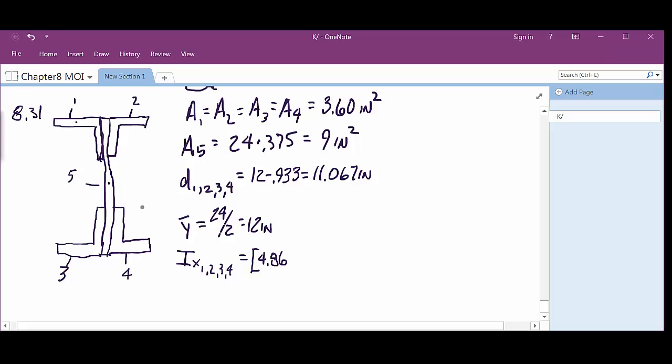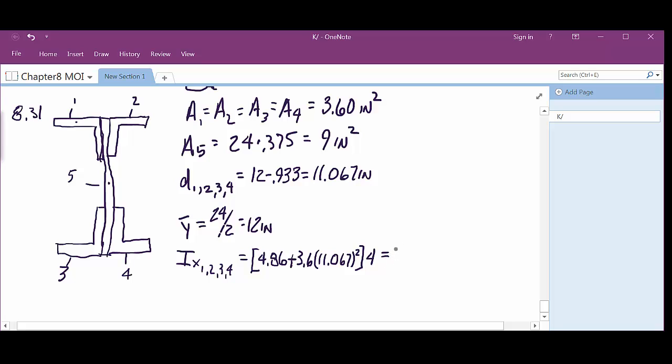Okay. That plus the area, 3.6, times the distance, which was 11.067, and that number has to be squared, times 4, right? Yep.